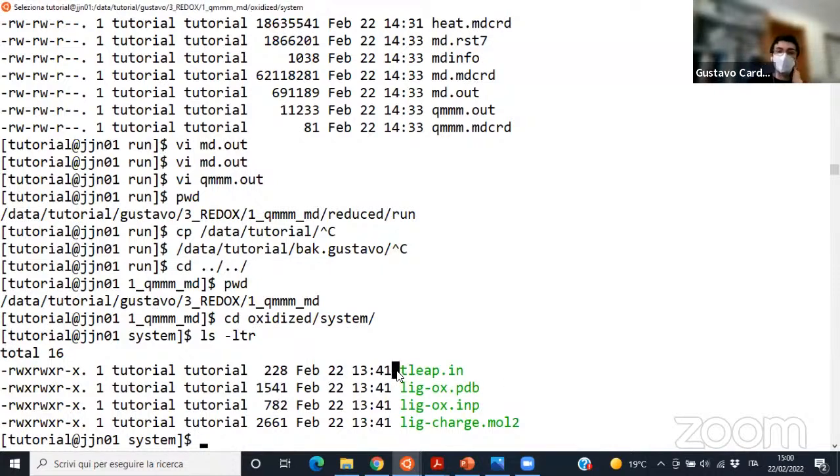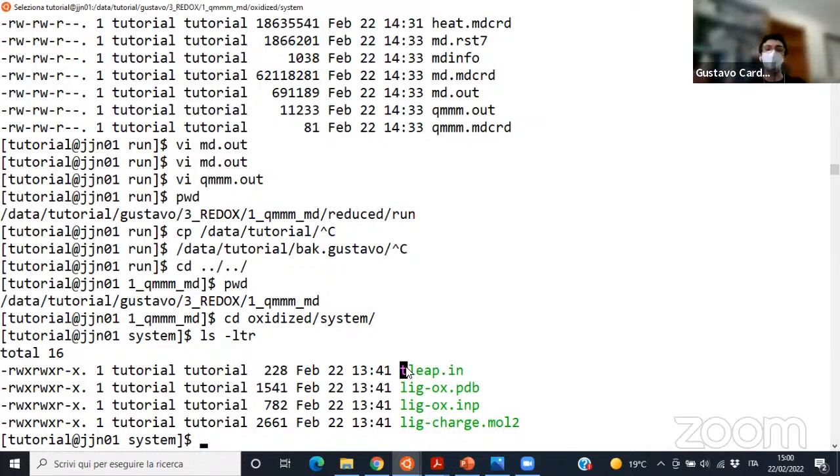So we have the tilde file again. Remember, just to make things clear, we are going to perform the classical molecular dynamics, the QM/MM MD simulation for the oxidized species. This means that we need a different set of parameters.